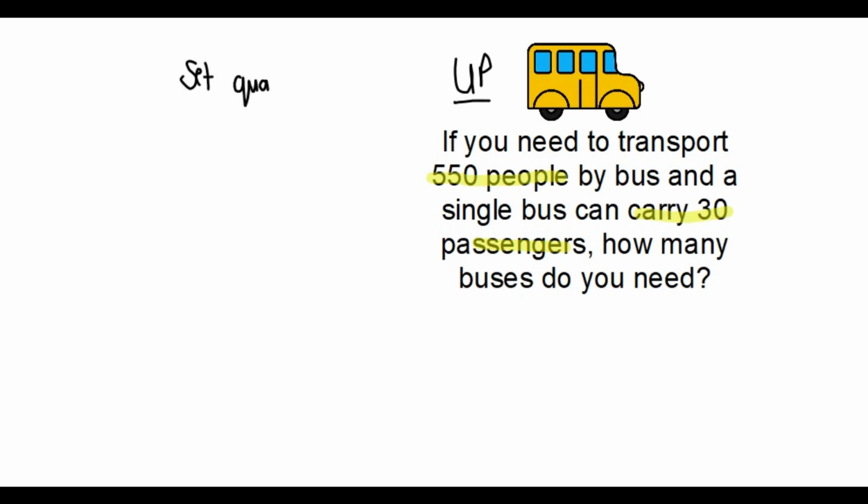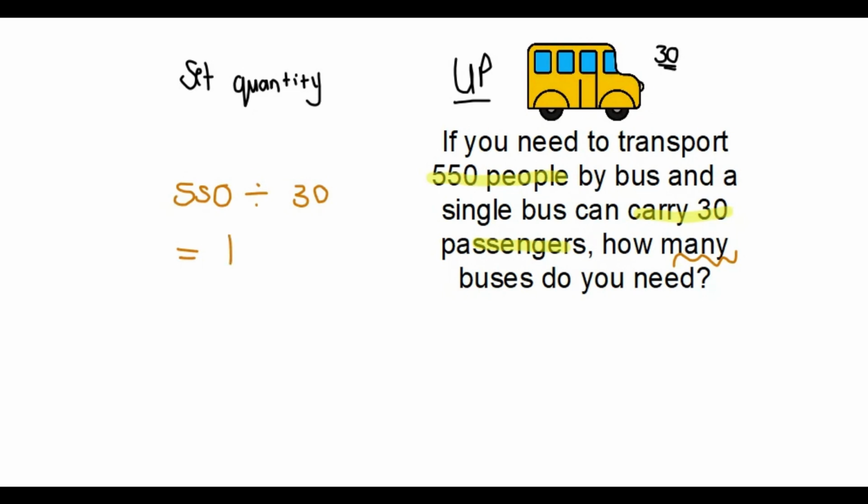What does that mean? In our case, each bus can only carry 30 people. And I can have as many buses as I want, right? So that's not limited, only the fact that it has to be a set number. So I have 550 people. I have 30 people per bus. That's why I'm dividing, you see.